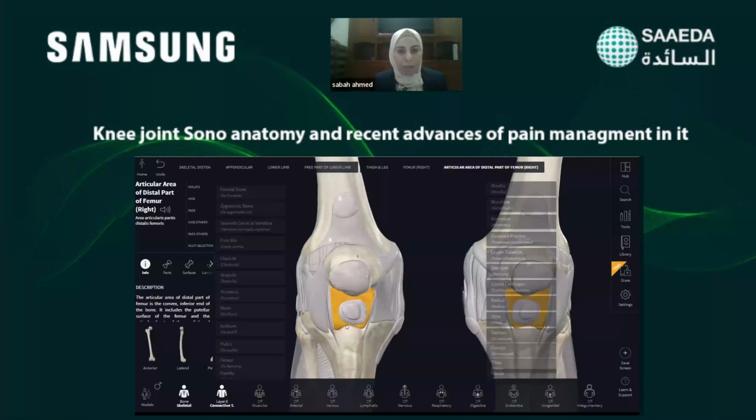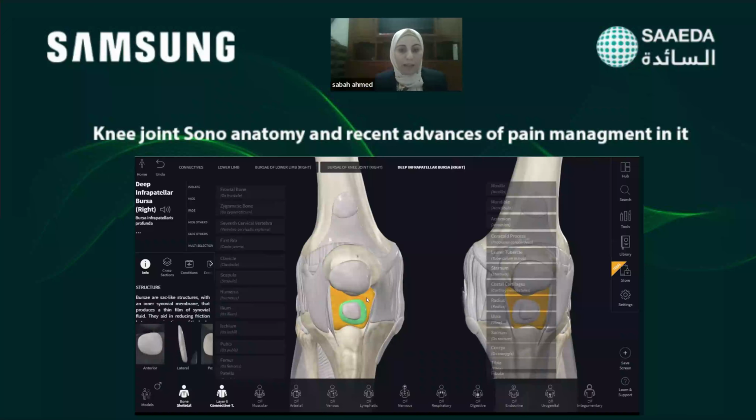In the anterior compartment, we have an important bursa located just in front of the patella, called the pre-patellar bursa. In the infrapatellar compartment, we have two important bursae: the superficial infrapatellar bursa and the deep infrapatellar bursa.